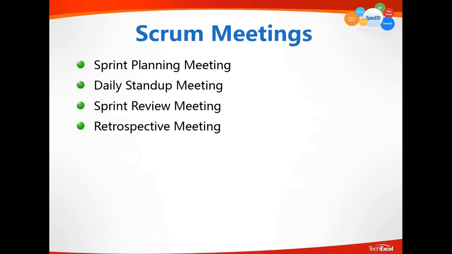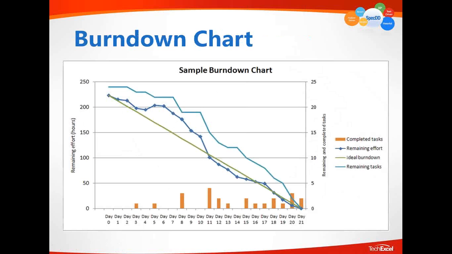Scrum relies on a few meetings to make sure the process is properly managed. And here's the burn down report, often used for monitoring the progress of an agile sprint.